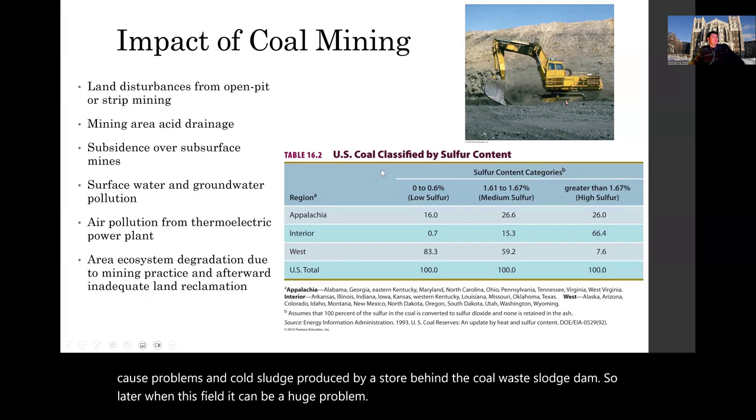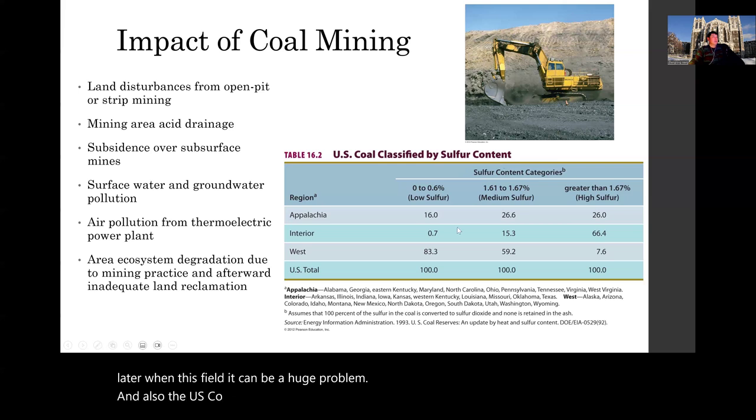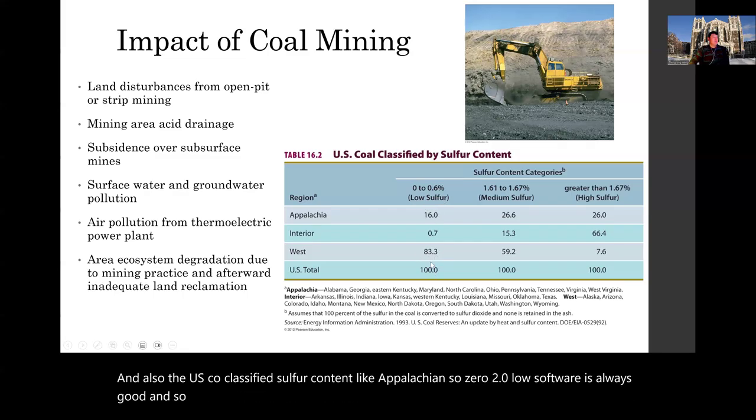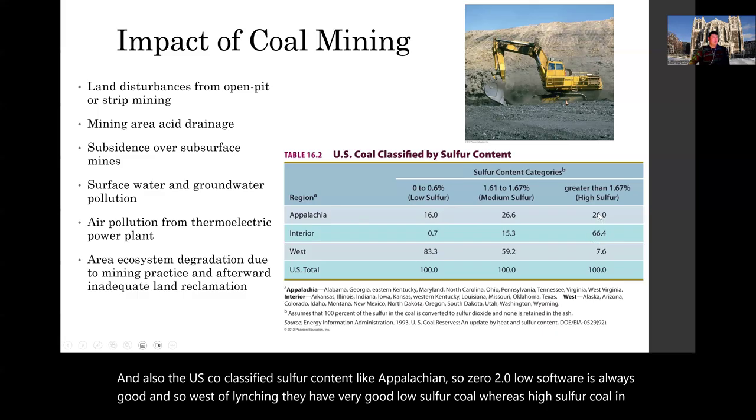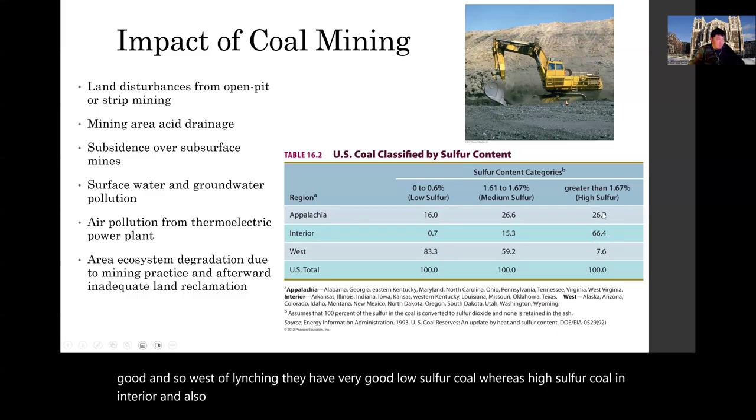Also, U.S. coal is classified by sulfur content, like Appalachian. Low sulfur is always good, and West Appalachian has very good low sulfur coal, whereas the interior and also Appalachian have high sulfur coal with greater sulfur.